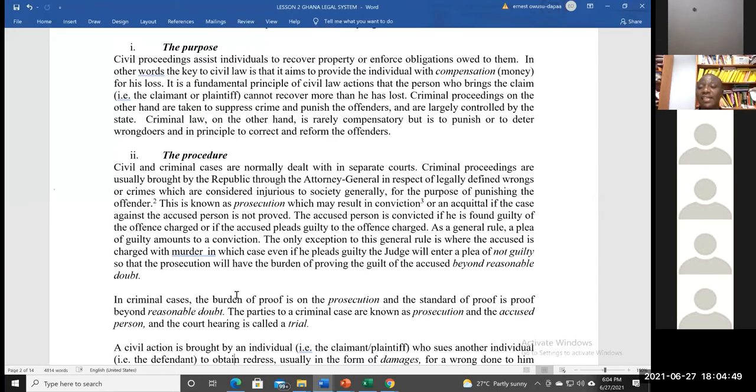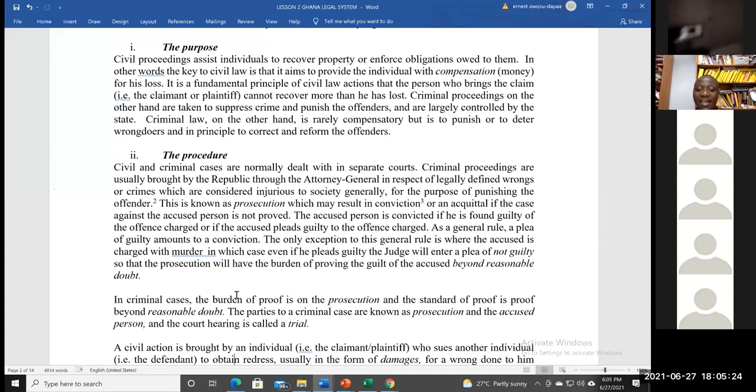That is to say, the prosecution, the Republic, or the Attorney General and his various agencies representing the Republic, will have to bring requisite evidence to demonstrate that there's no reasonable doubt concerning the guilt of the accused person. If a reasonable doubt is raised, the accused will not be found guilty and will be acquitted. So the standard of proof is proof beyond reasonable doubt.